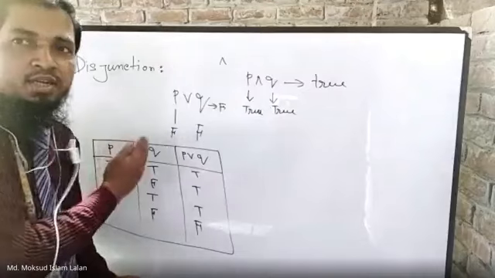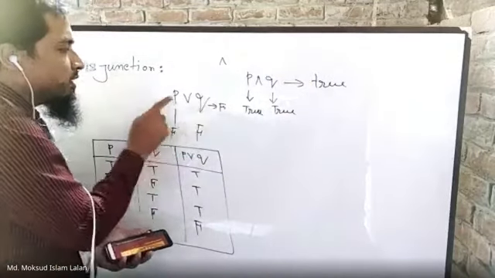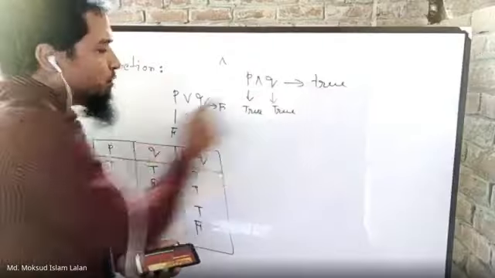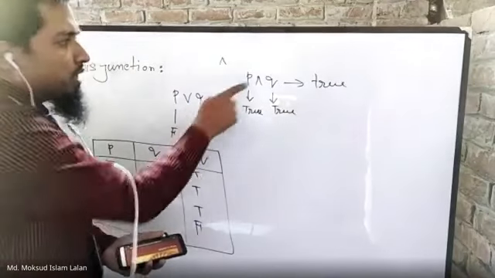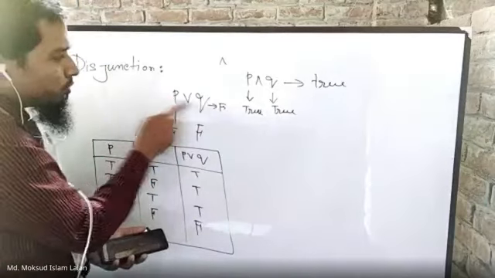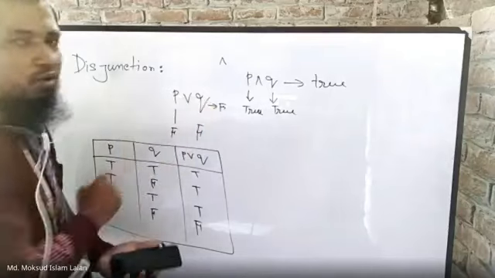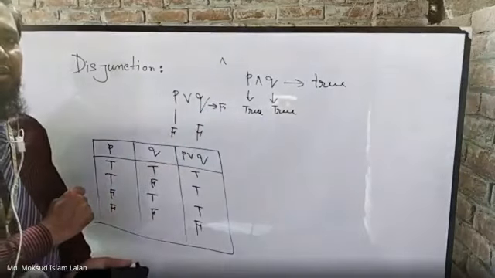Now coming to the disjunction, it is similarly just the opposite. In conjunction the result is true for T T, but the disjunction is false when P and Q are individually false. Okay, sir, now I understand.